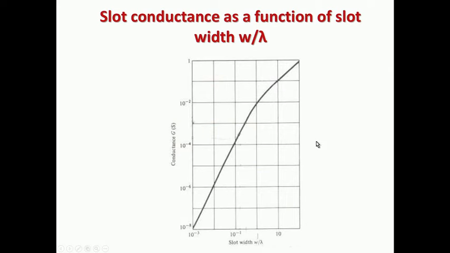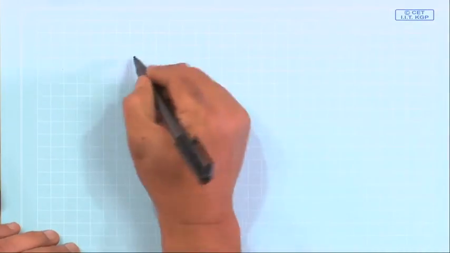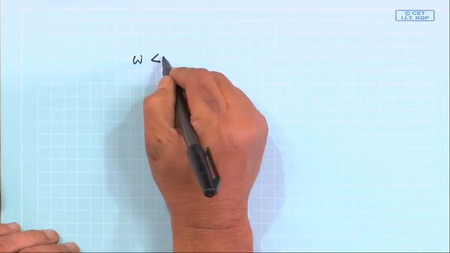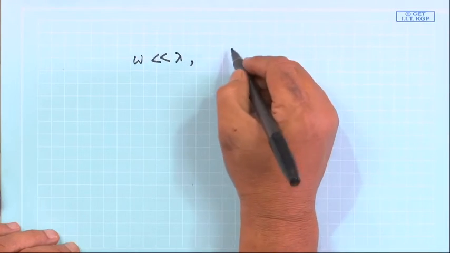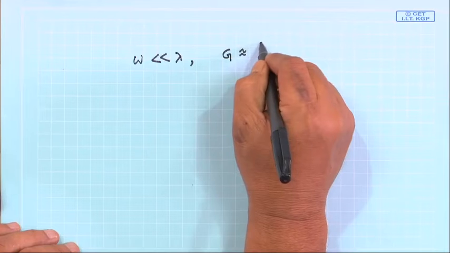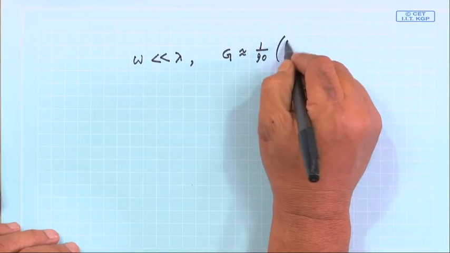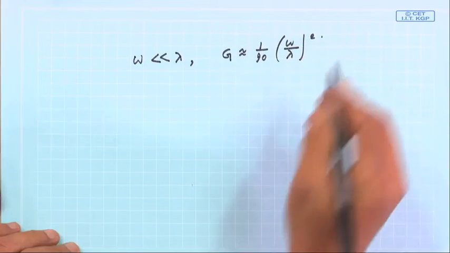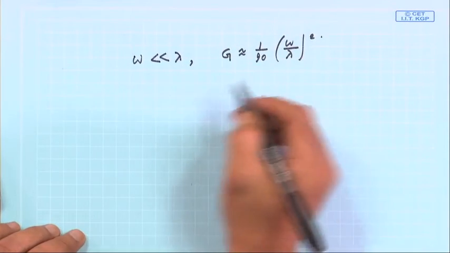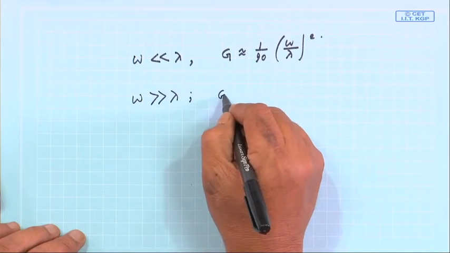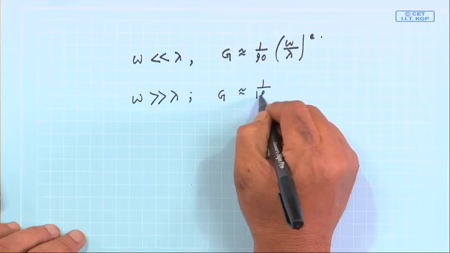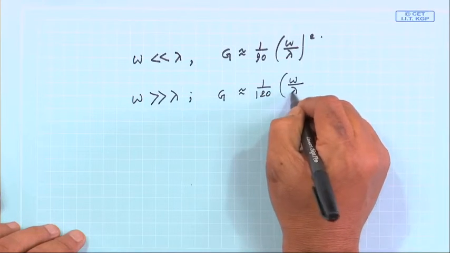People have come out with various formulas: where the width is much smaller than lambda, G is of the order of 1 by 90 W by lambda square, and the other way around, if you have a larger width, then G is 1 by 120 W.